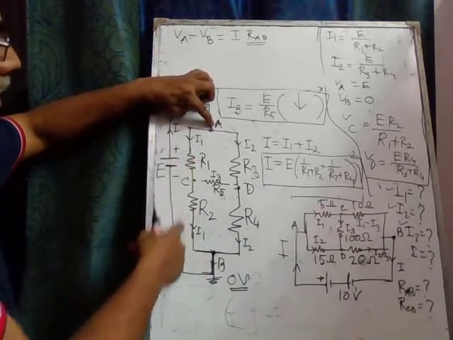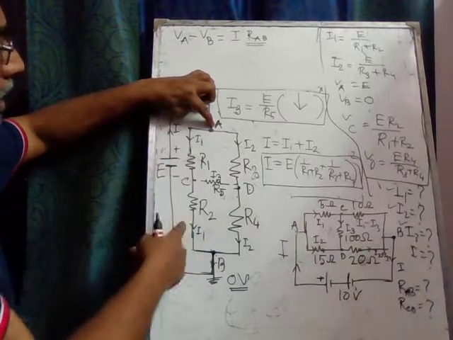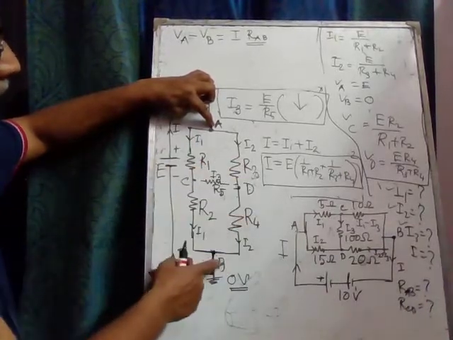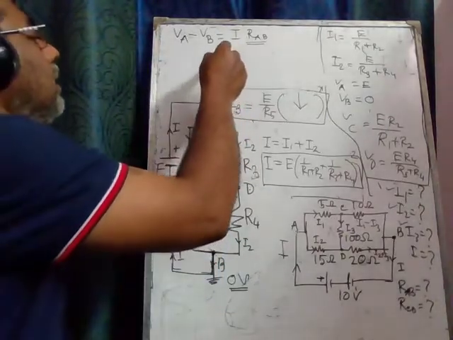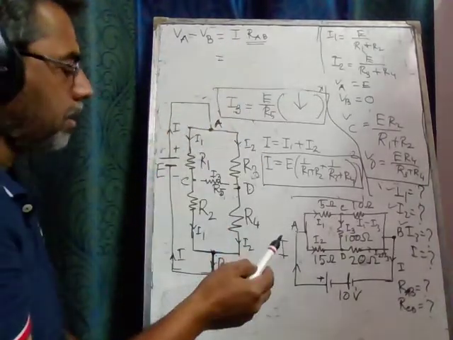There are two branches, each of which is in series, and they are connected in parallel. So the total resistance must be how much?